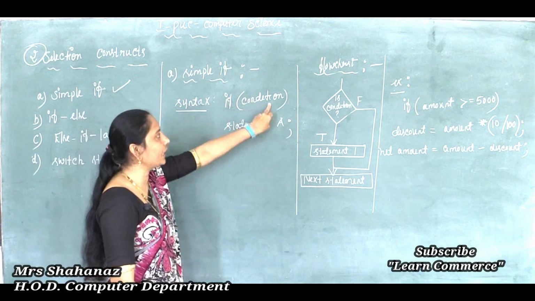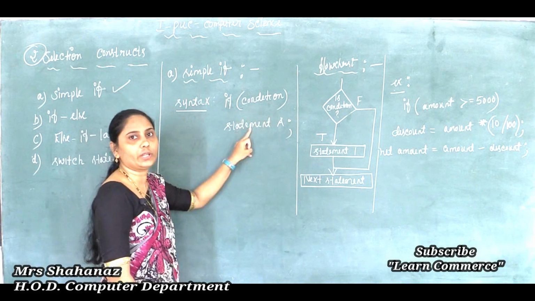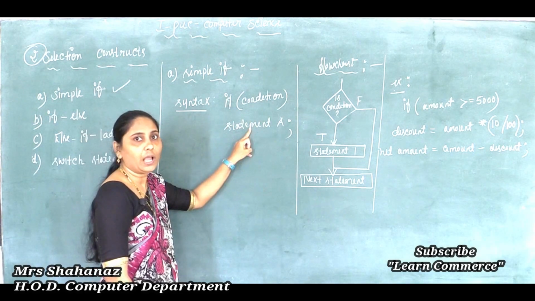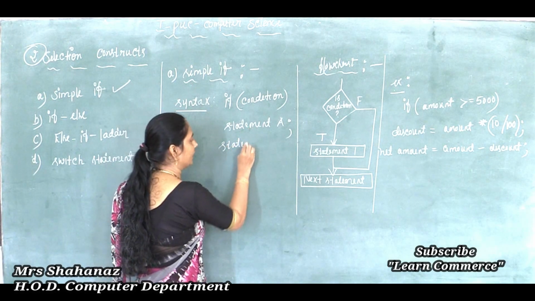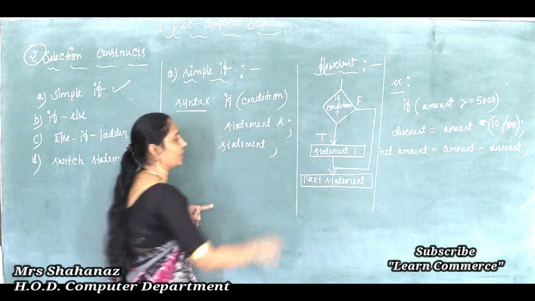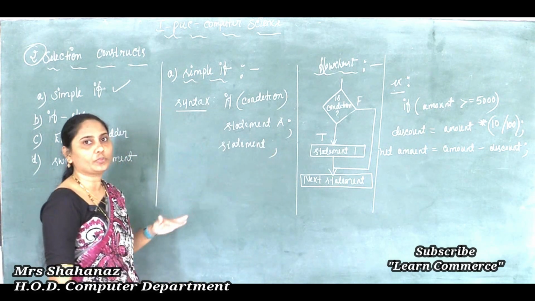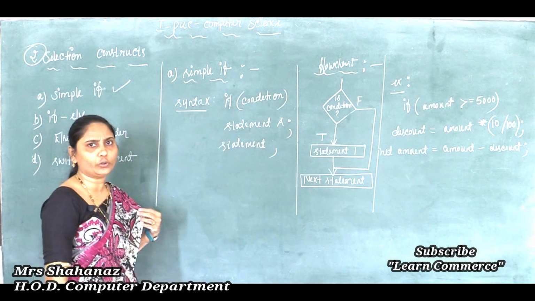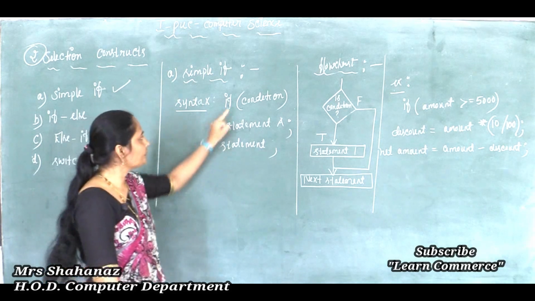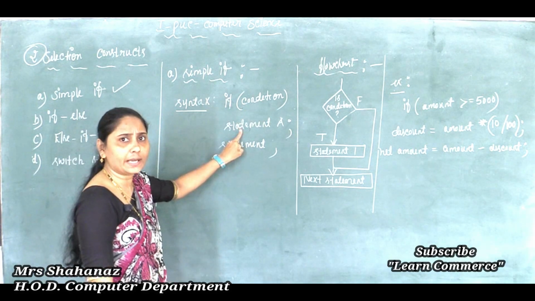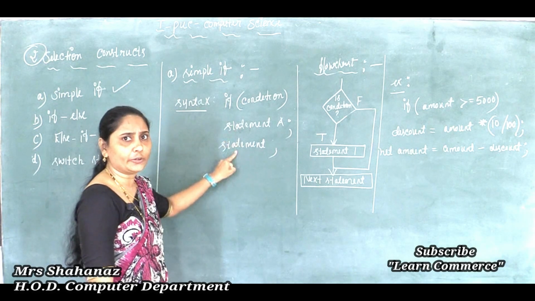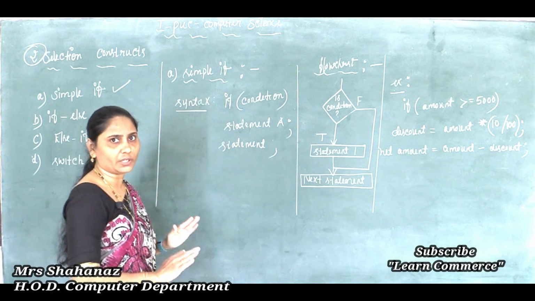If the condition is true, this statement is executed. Otherwise, the control comes out of this structure, meaning nothing is executed. If the condition is true, then only the statement is executed here. Otherwise the control comes out of this structure.